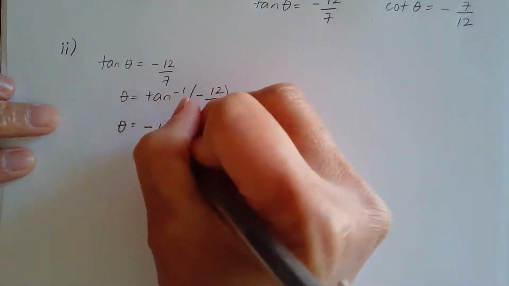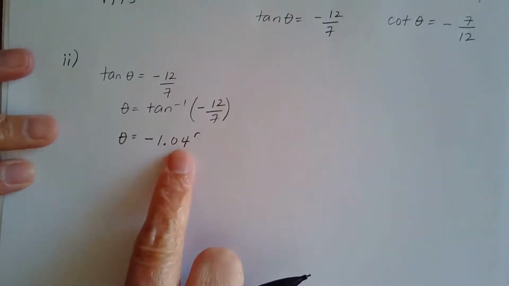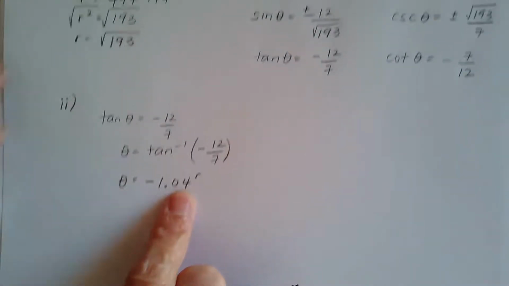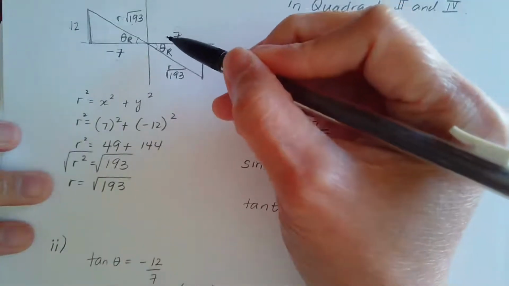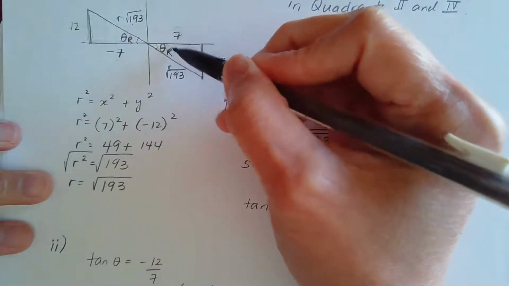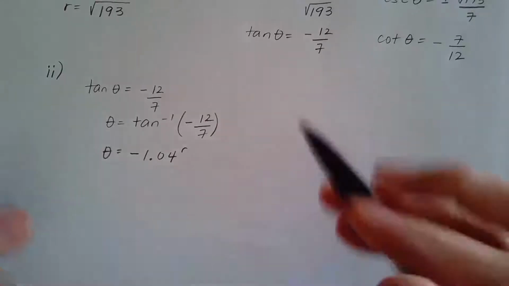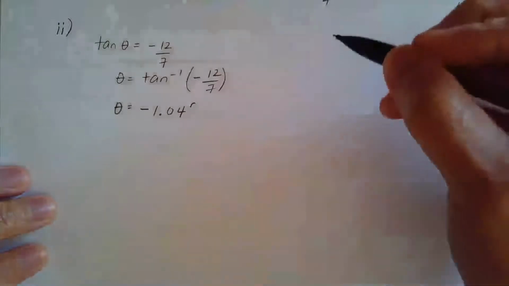Negative 1.04 radians. So actually this particular angle that they gave us is the negative angle, which is in quadrant 4 because it's negative. I'm going to redraw it so that we have this in front of us.